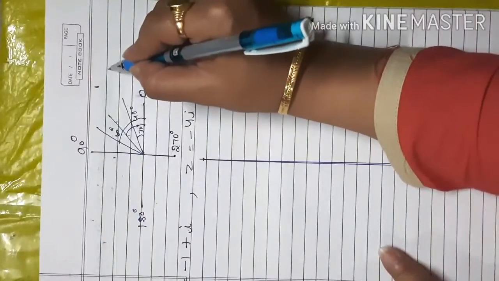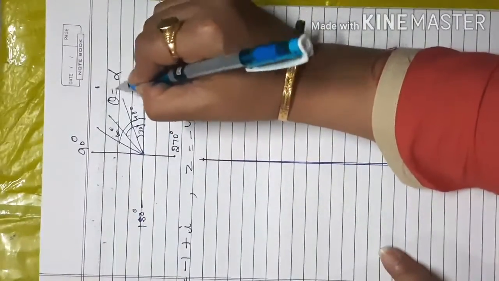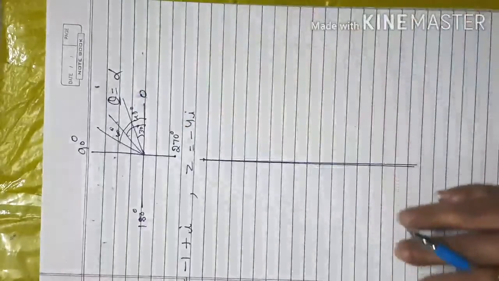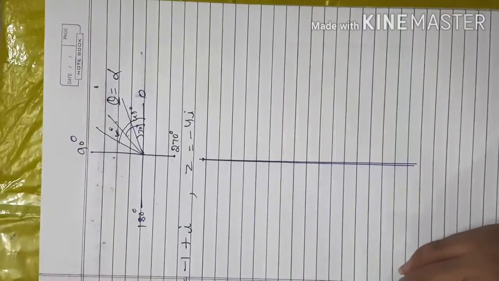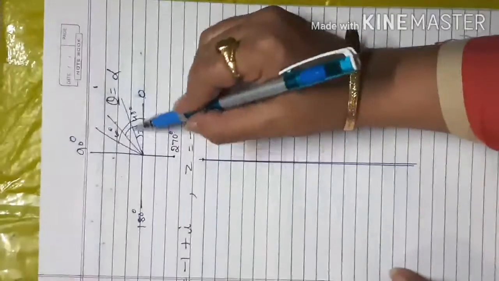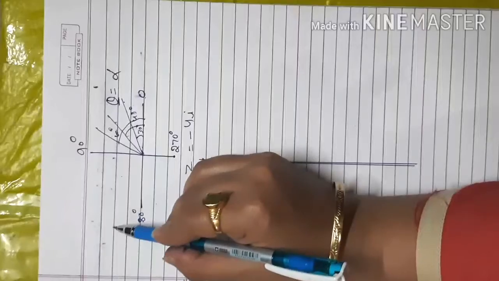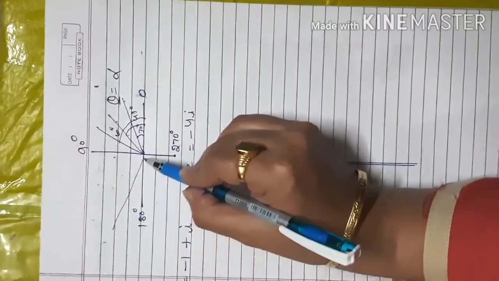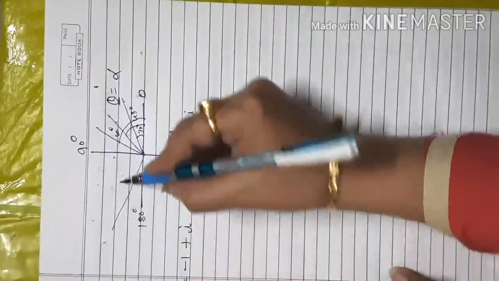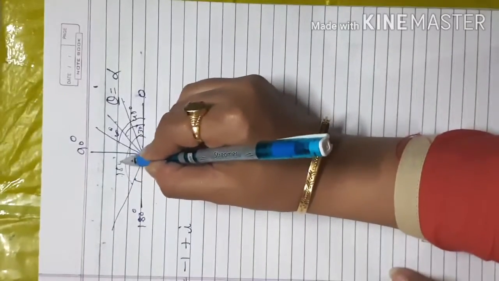Here my basic angle is alpha, and my rule is to find theta. Theta represents the degree between 0 and 360 degree of the particular basic angle in each quadrant. If I take this 30 degree and subtract it from 180 degree, going from this to this, it will be 150 degree.